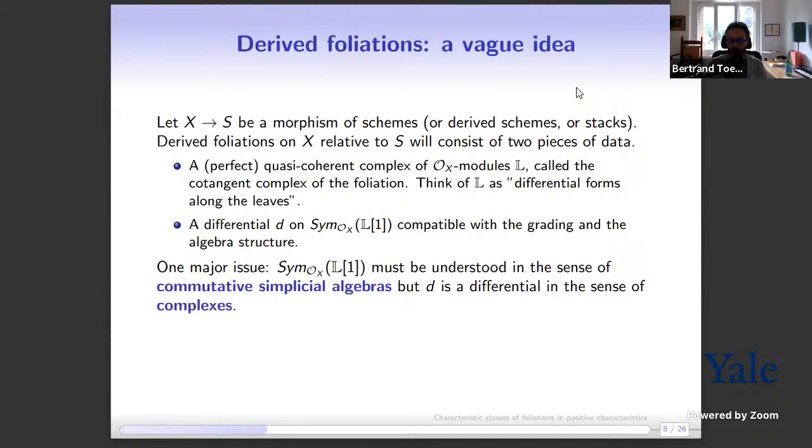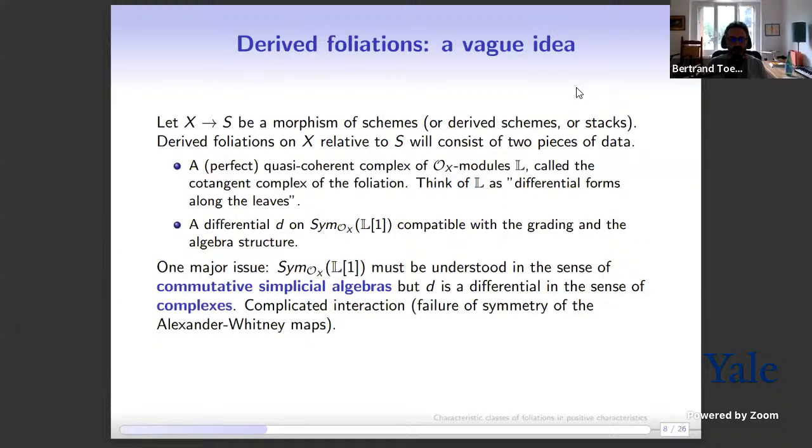The fact that the interaction is complicated is always the same thing: you want to normalize your simplicial algebra to get a complex, but then you have a failure of symmetry of the Alexander-Whitney maps. So in the normalization there is a complication. You don't have an equivalence between commutative simplicial algebras and commutative DG algebras. That's why it's a complicated story.